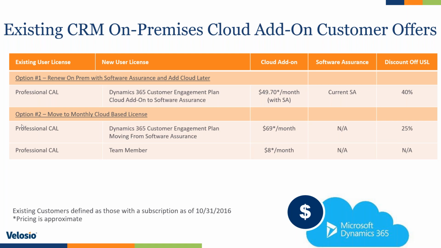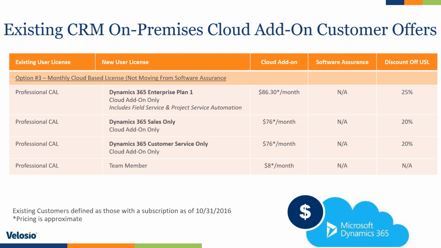Now, let's say you don't have software assurance. I don't think that applies to anybody on here, but the next slide kind of lays out what the cost would be if you didn't have software assurance, and they still give you a discounted rate, but just not as much. If you wanted to get that plan license, it's $86.30 a month. If you wanted to buy just sales or just customer service, it's $76 a month. Now, you'll notice that you don't see field service or project service automation on here.